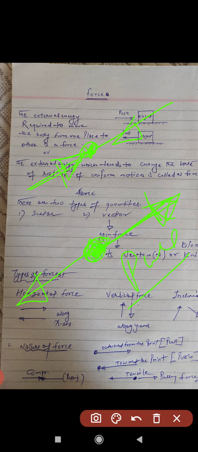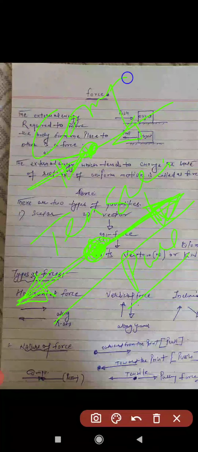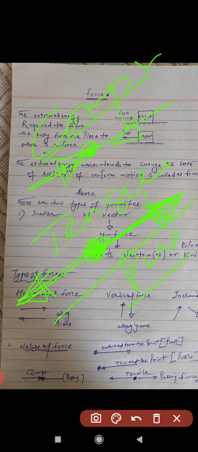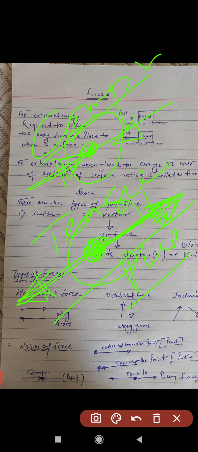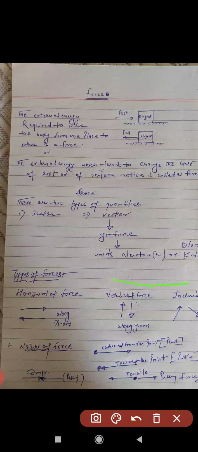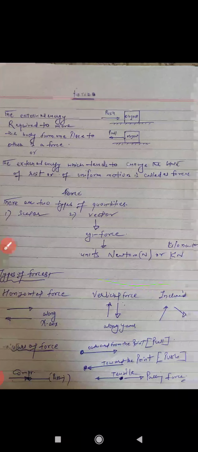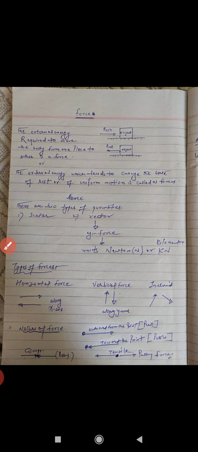Suppose this is a thing, you are applying force on it, and you are pulling these things, that we call a tensile force, a pulling force. And this is a compression force, a push force toward inward, and this toward outward. So these are all about the nature of forces.